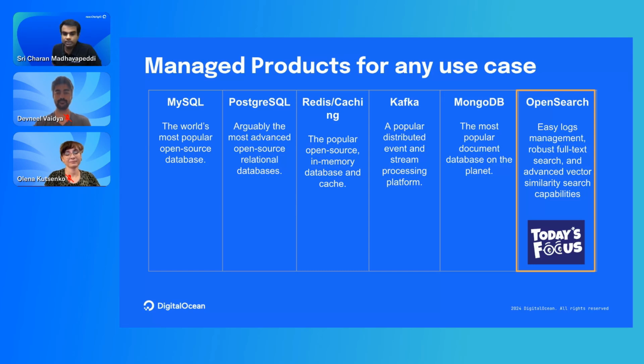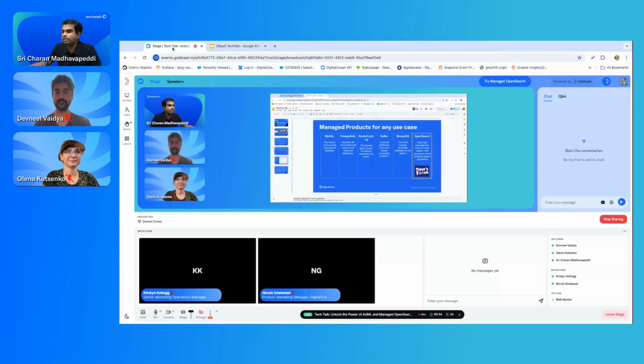So today's focus is predominantly on OpenSearch, which is, I would say, the latest entry to the DigitalOcean portfolio, and we're going to deep dive into it. So what I'll do is I'll pause my screen sharing, and I'll come onto the stage to talk about that. Let me stop sharing.